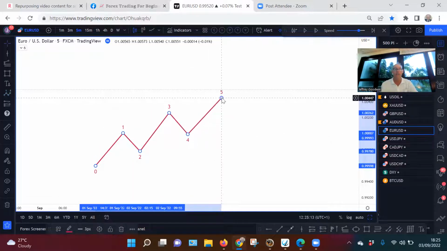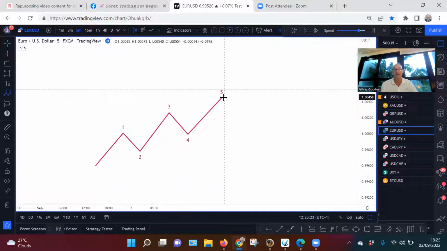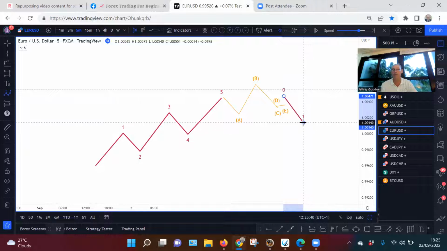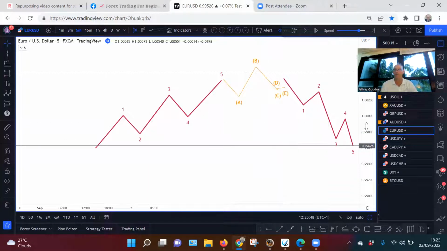Then it might do a little correction, like an ABC type thing, something like this, before coming back down here. That's typically what happens.